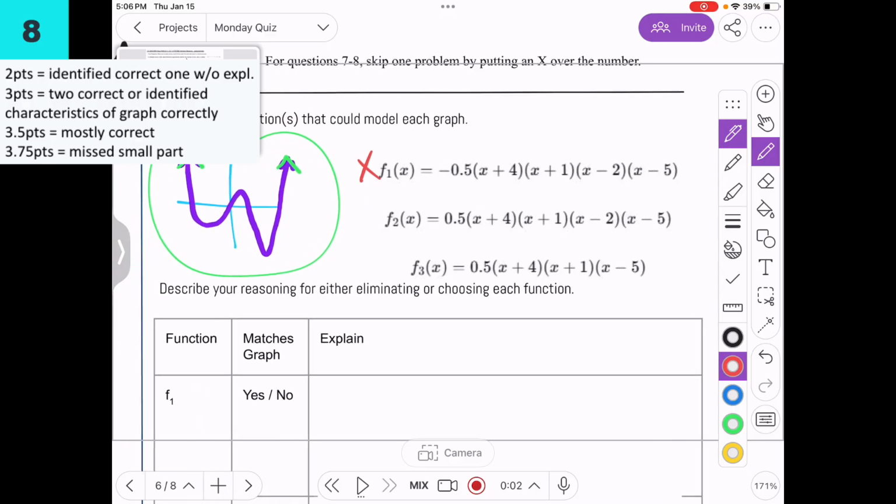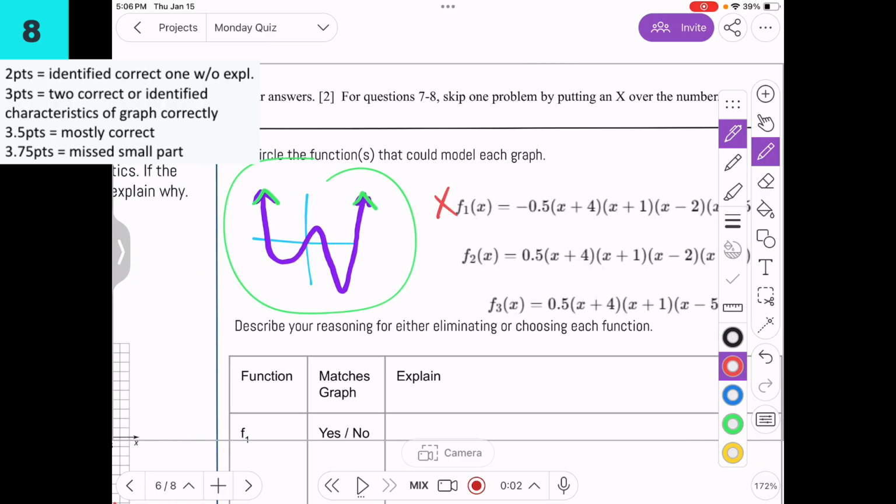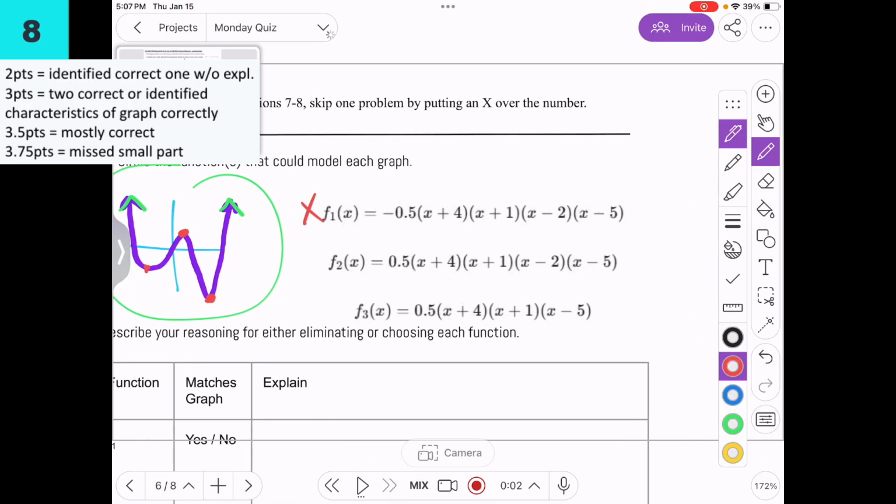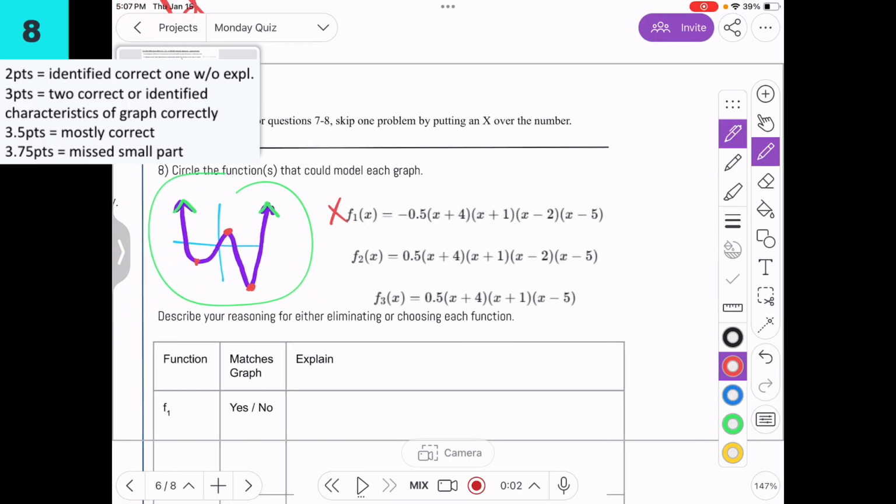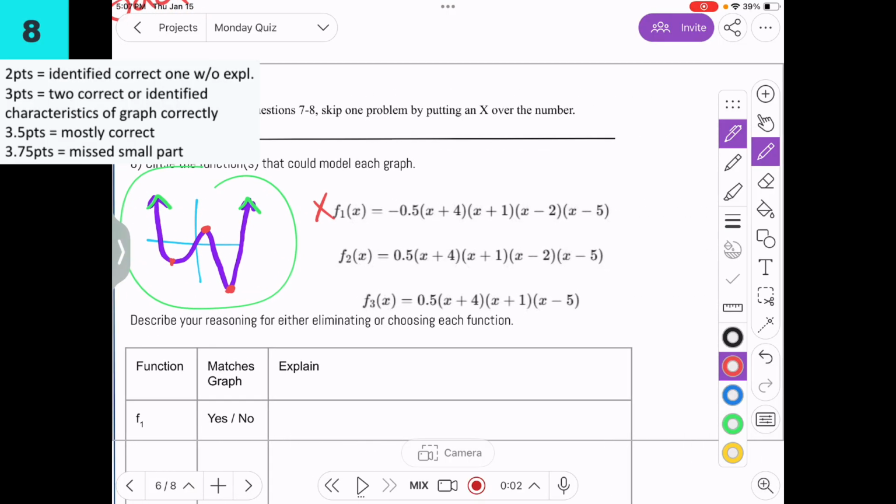Okay, how many terms does it have? It has 1, 2, 3. If you remember the formula, the fundamental theorem of algebra states that the number of terms equals degree minus 1. So I already know that I have 3 terms.